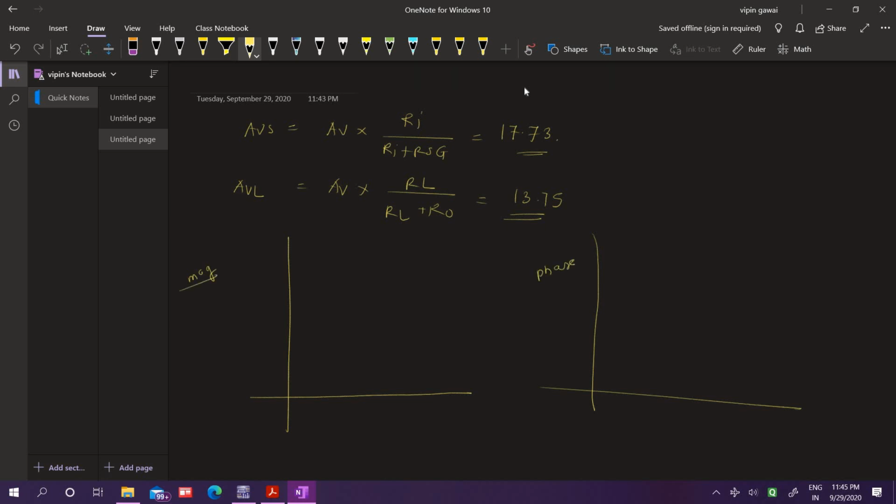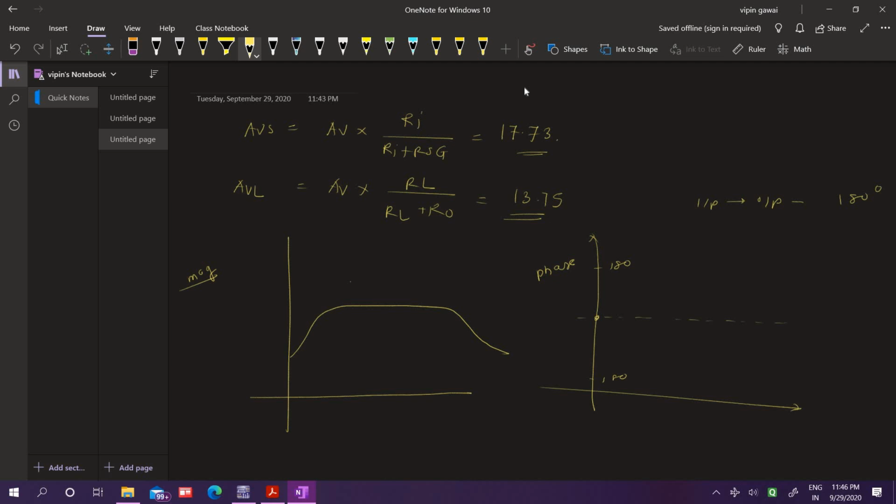We know that the input and the output of an amplifier have a phase shift of 180 degrees, so we can obtain the phase shift of 180 degrees in the phase plot. Again for the magnitude, this is how a frequency response can be observed for any amplifier.